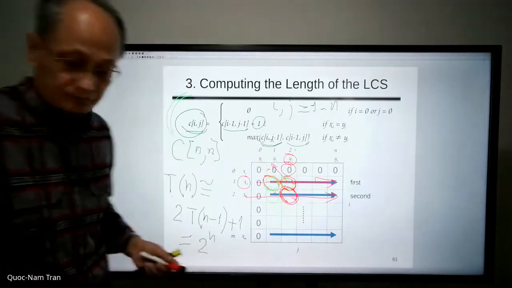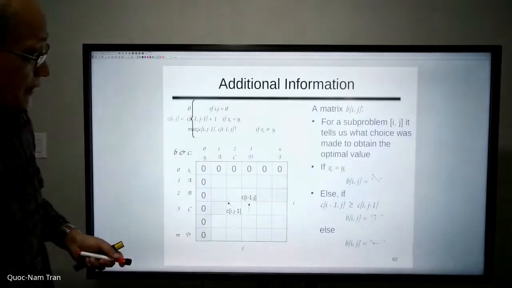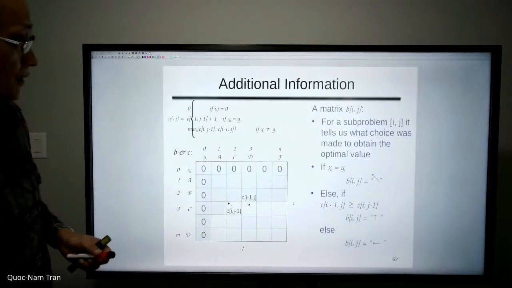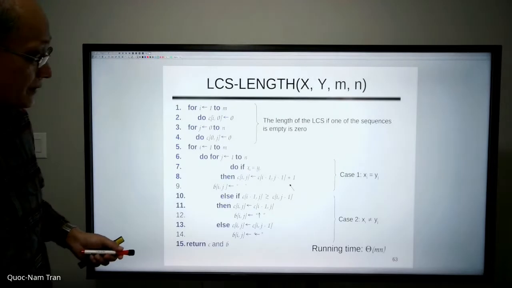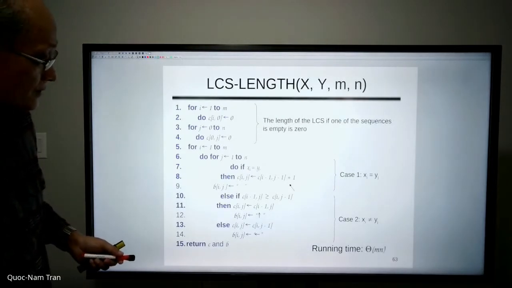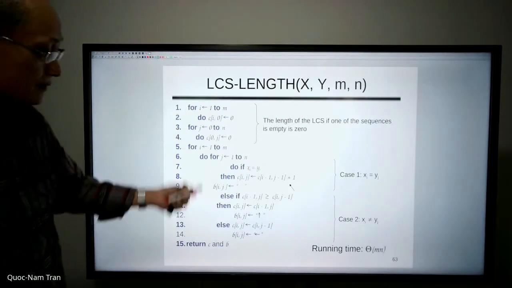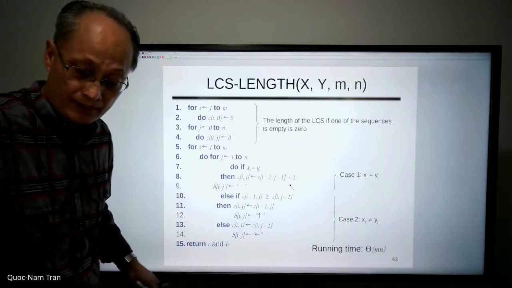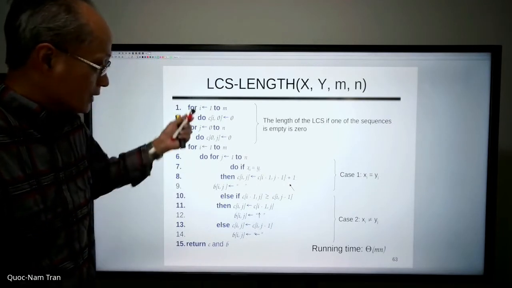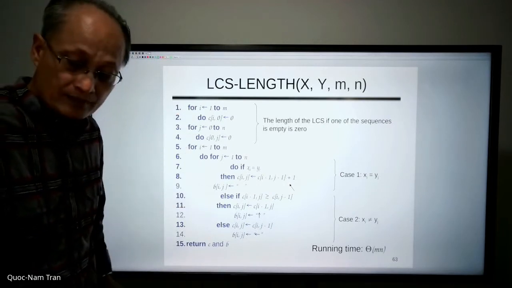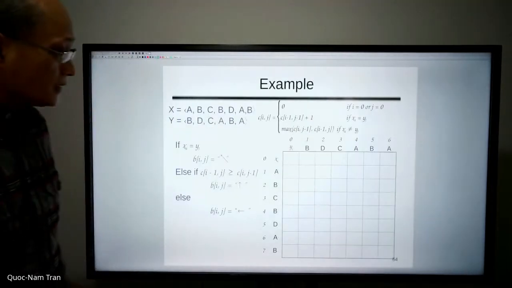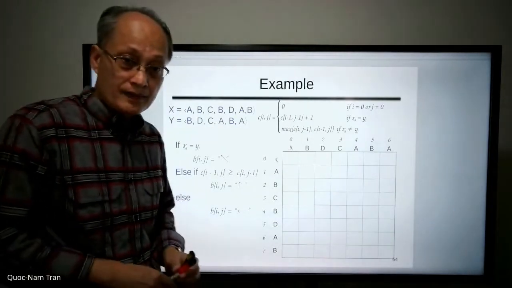Okay? So now here is what we have. I already talked about this. The algorithm is exactly what I just explained to you, right? So we will try to understand this algorithm by doing a hands-on practice on this example.